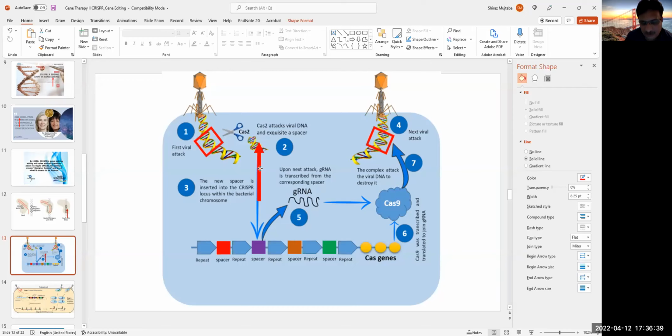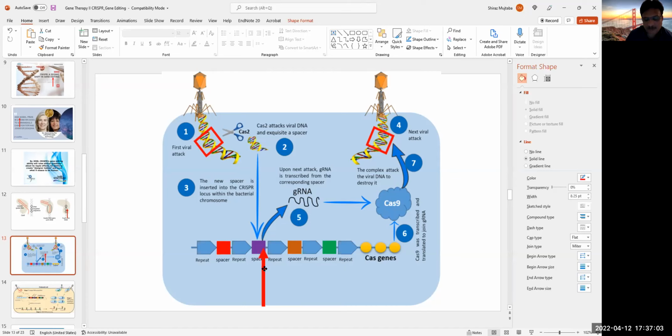Bacteria cannot have these things. They are unicellular. So they take a print, a fingerprint, but this fingerprint is the DNA or RNA from the bacteriophage, and they put that piece of DNA into their genome. So this becomes part of the permanent bacterial chromosome, right?